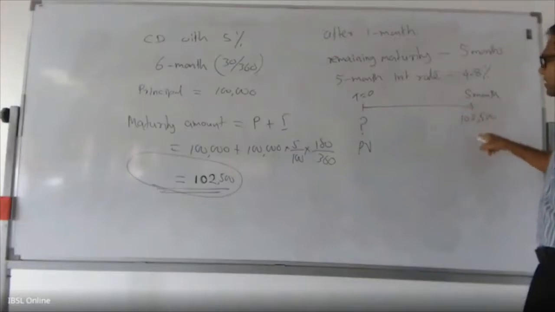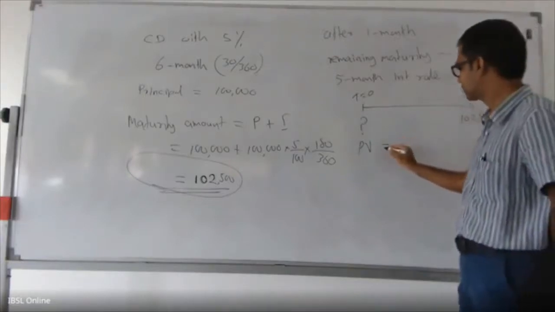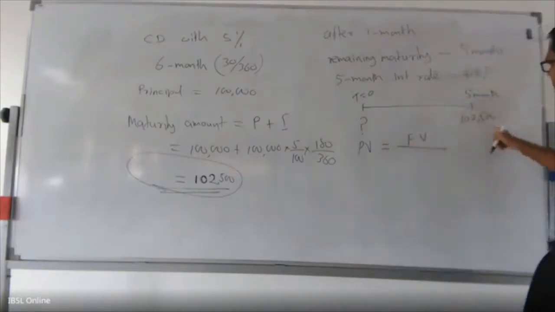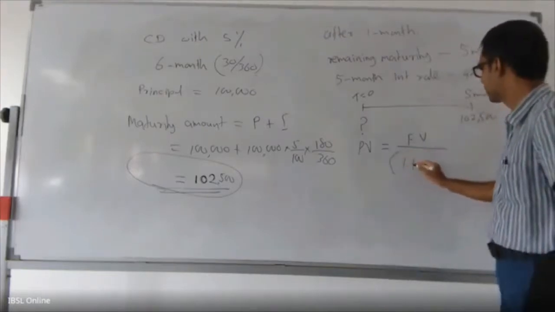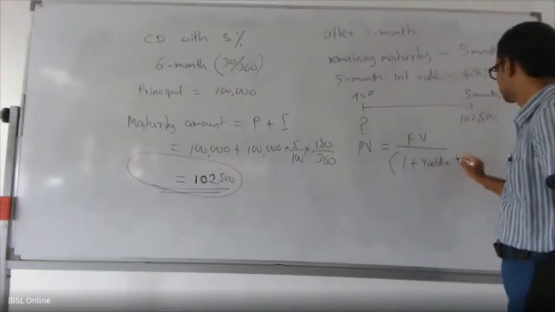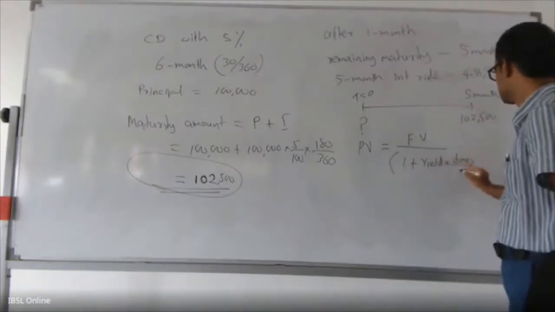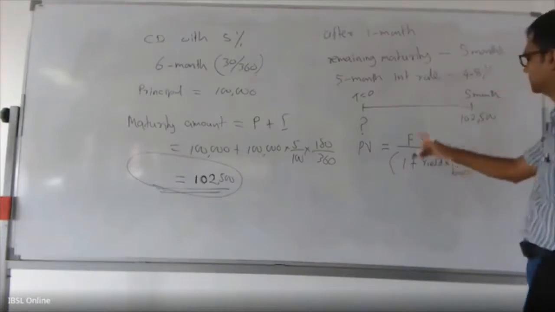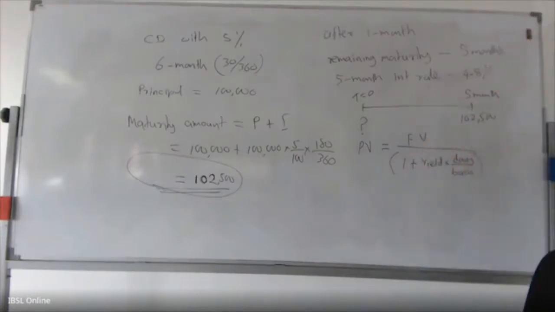This is a 5-month money market calculation. In that, whatever the face value, that means whatever the maturity amount that we receive, we discount it using this money market convention.